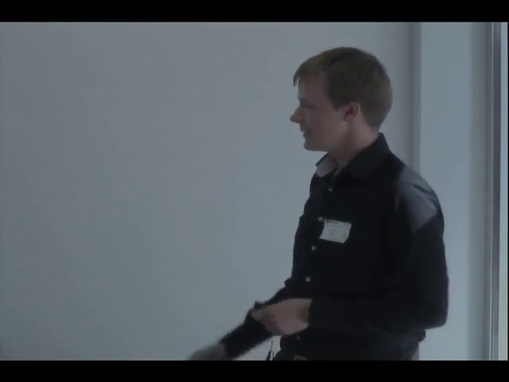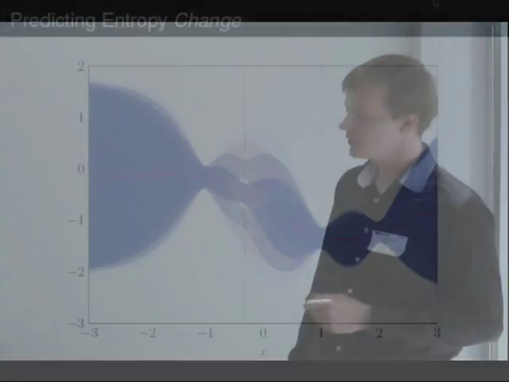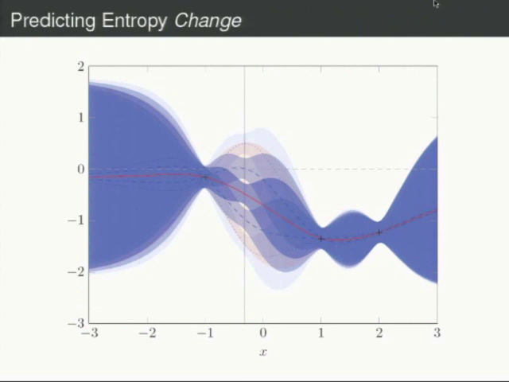Okay, so a much easier way to think about this is, here's another picture. This is our Gaussian process belief from before, with our mean function and covariance function. Now, if we evaluate here, then we don't know yet what's going to happen, but we know what our uncertainty is going to be afterwards, and we have a belief over what our mean function will be afterwards. It'll be something like this. This one is the most likely change, and these other ones are less likely.